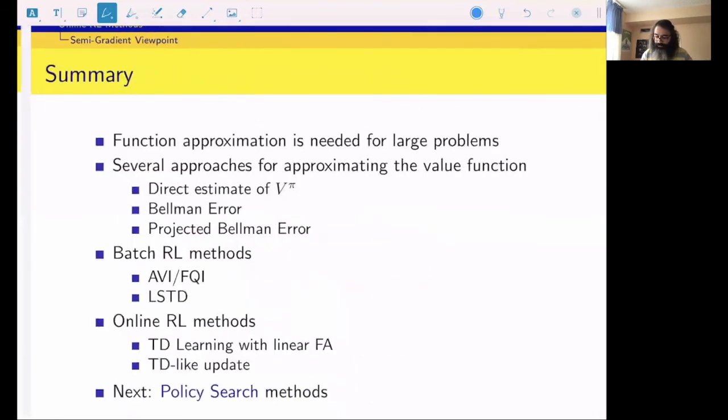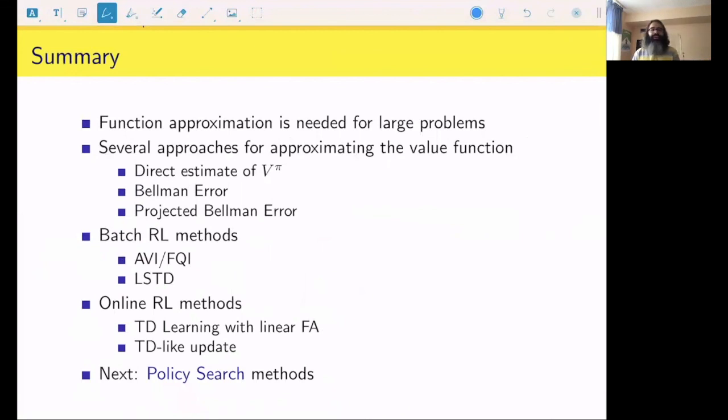Okay, so just a summary. This was a very long lecture. I think this is our fourth time going through this lecture, the fourth session. But value function approximation is a big part of RL, so it's good to focus on it. What we did was argue that function approximation is needed for large problems, either large finite state spaces, like millions or billions of states, or when we have a continuous state space.